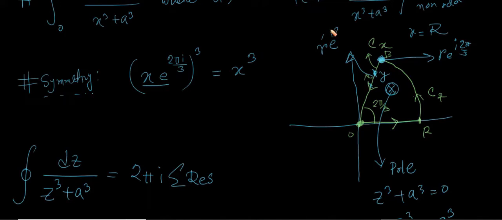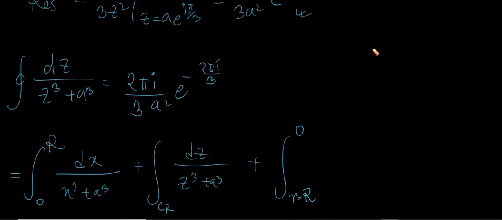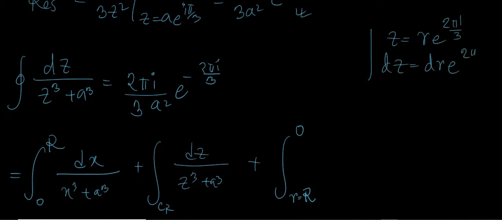Something like this. And since you are running from B to 0, that's why you have to keep this variable form. So this will simply tell us that along that CX line, the complex variable z is just r e to the power 2 pi i by 3. This means dz equals dr e to the power 2 pi i by 3, like this, right?